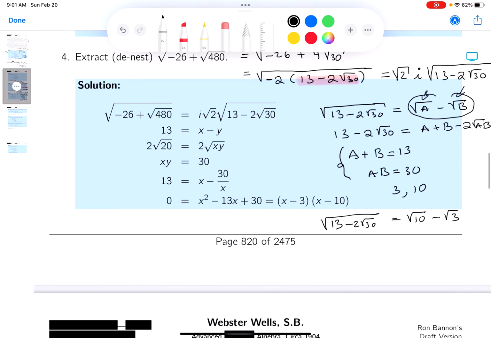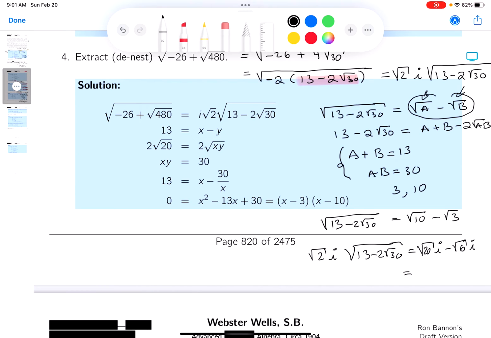Now, someone says, what are you going to do now? Well, I don't want to forget this. I have to multiply that number by this to get my answer. And this is going to be a principal root. And what do you get over there? Well, let's do it. It's going to be root 20i minus root 6i.